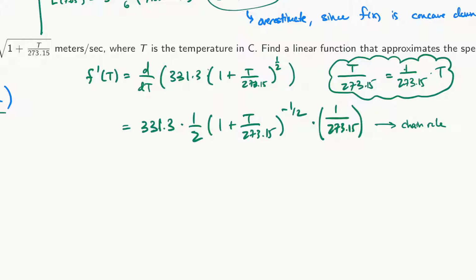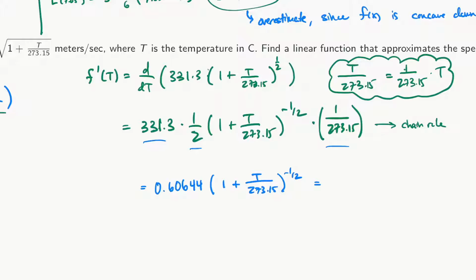And so now we can do some simplification. So I'm going to combine this and this. And so that works out to be 0.60644 all times 1 plus t over 273.15 to the minus 1/2.